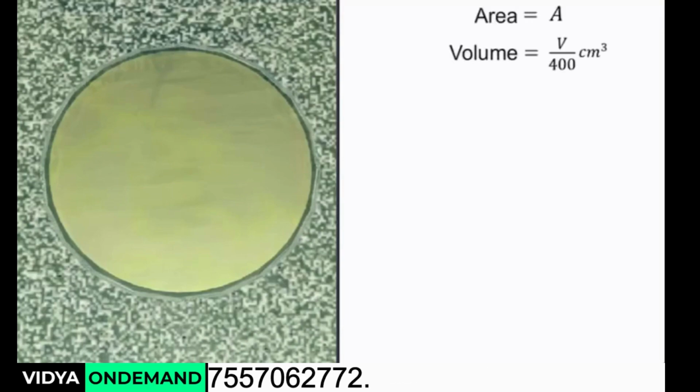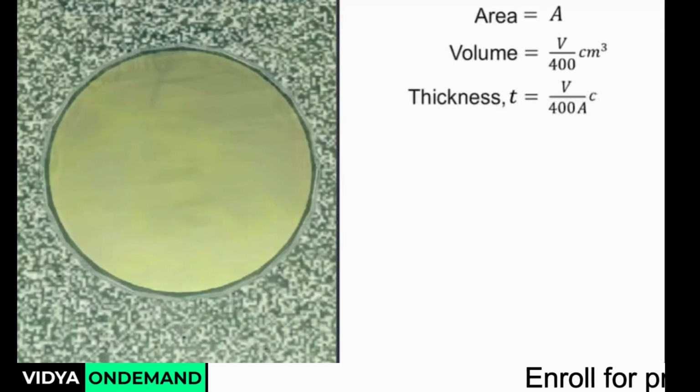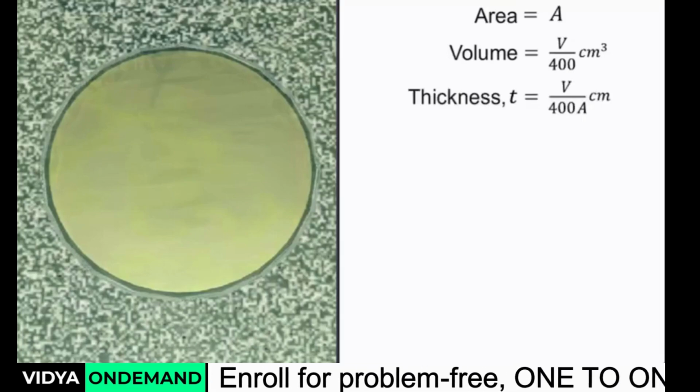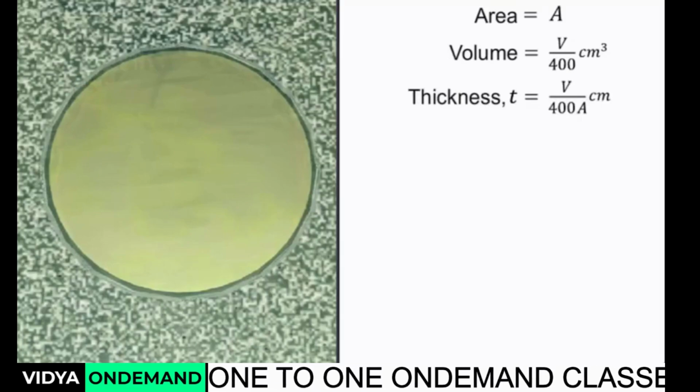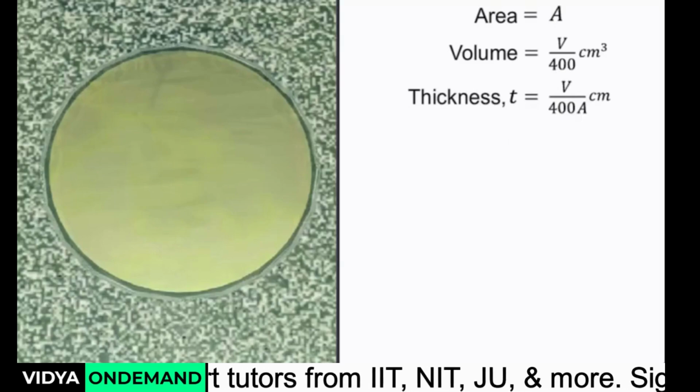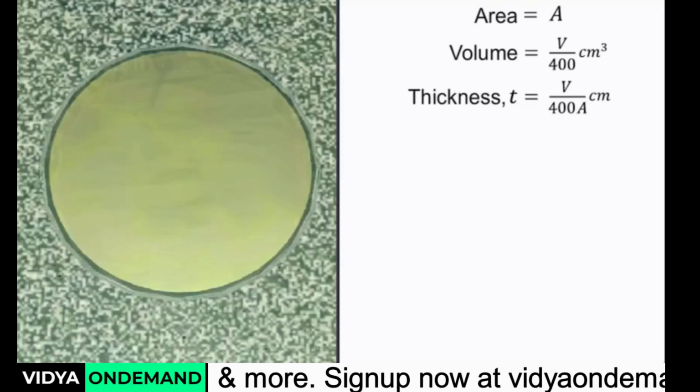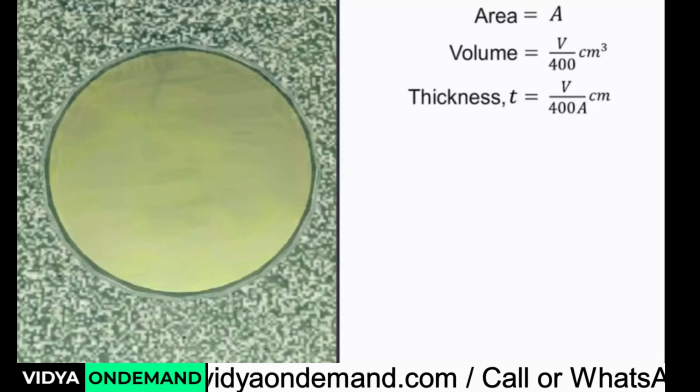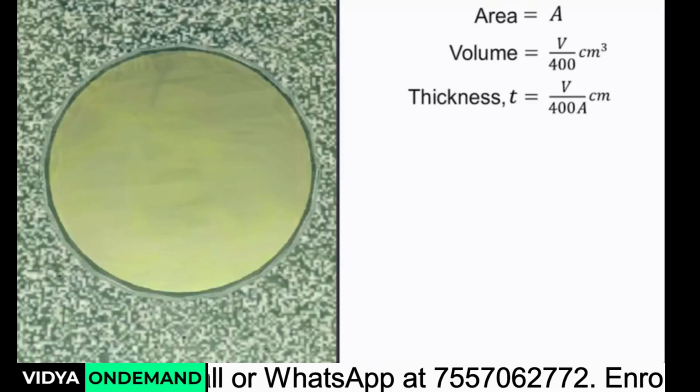T is equal to V/400A centimeter. If we assume that the film is monomolecular, as the concentration is very low, the thickness of film becomes the size of a molecule of oleic acid.